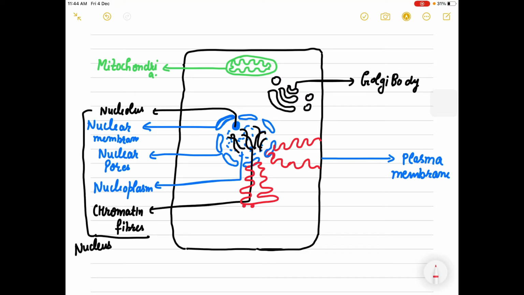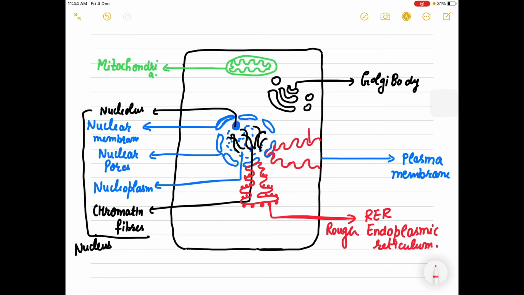If it has ribosomes on its surface, then it is known as RER, rough endoplasmic reticulum. If it does not have any ribosomes, then it is known as smooth endoplasmic reticulum, SER. I think this one is clear to every one of you.